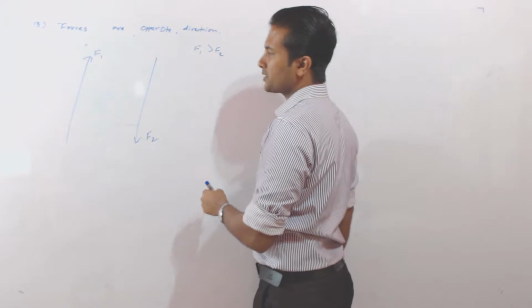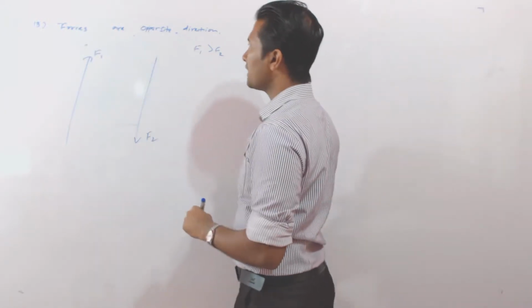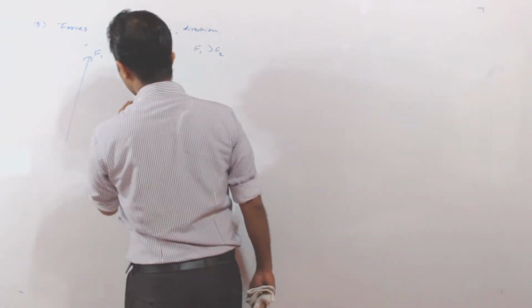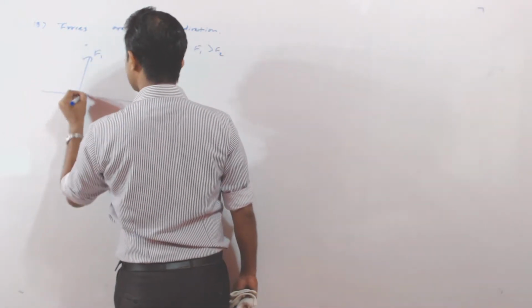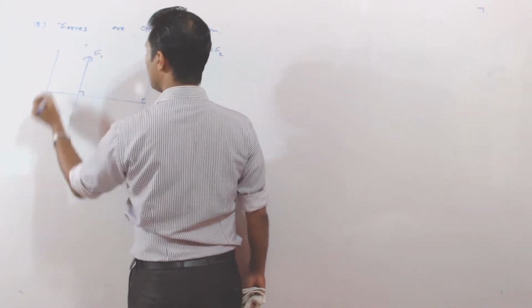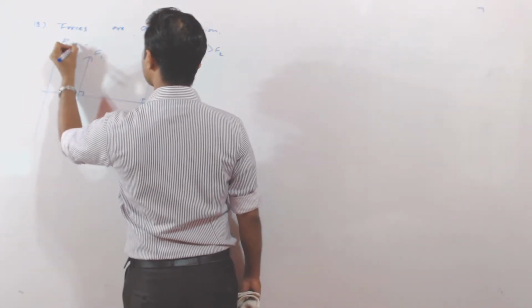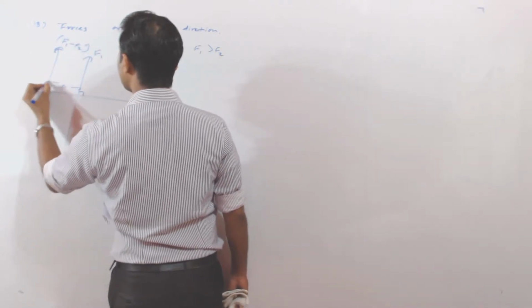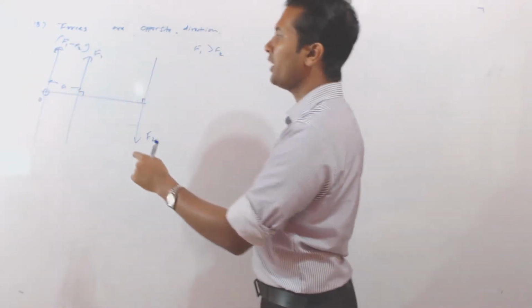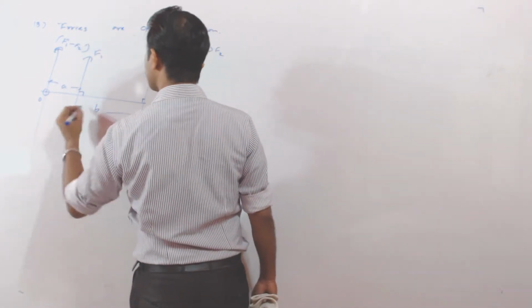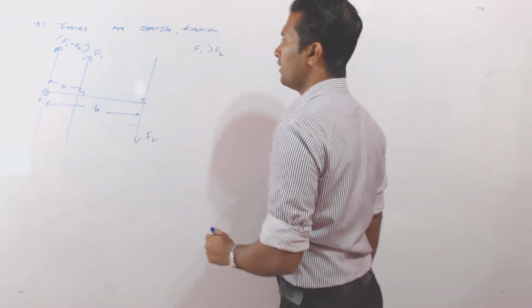So what happens to the resultant, which is F1 minus F2? And the main important thing is it is away from F1 and F2. This is F1 minus F2. Then what you have to do is take the perpendicular distance from point O to F1 as B, and this is simple.